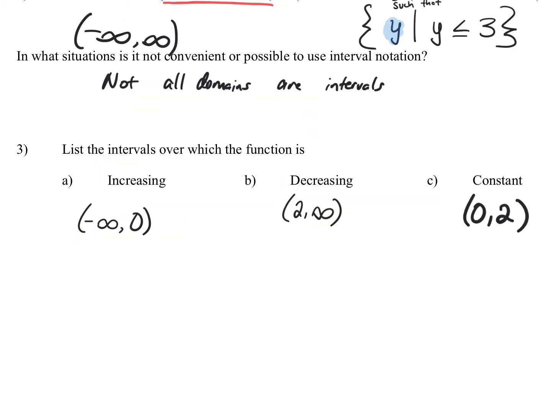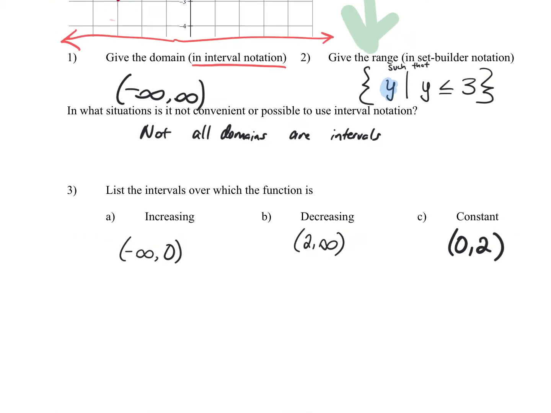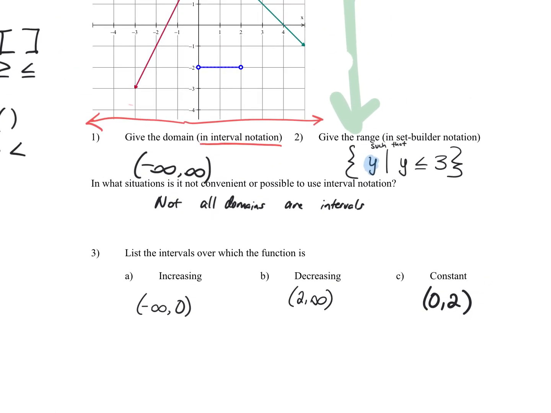All right, let's see how our intervals went. You can see here I have all three of these answers listed. A few things when we talk about intervals: we always talk about the x values. So I'm just going to put that here in my notes. When we describe intervals, with one exception, unless it's regarding range, those intervals are always describing the input, usually our x value.